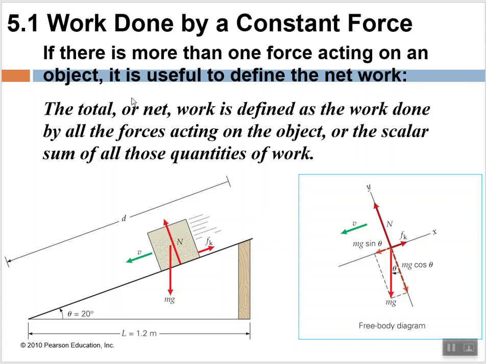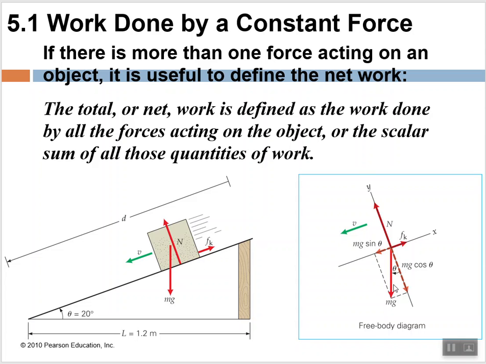If there's more than one force acting on an object, it is useful to define the net work. In this example, they're showing us a box with several forces acting on it. We have kinetic friction pulling back on it, while it wants to travel down.